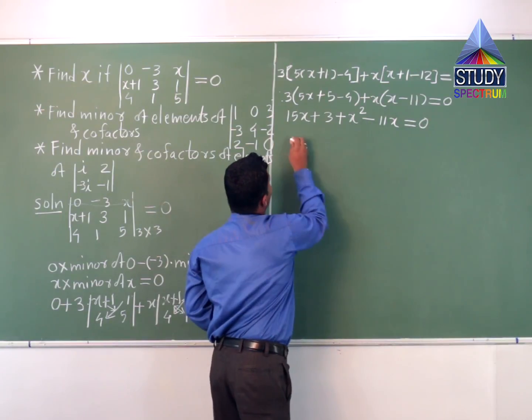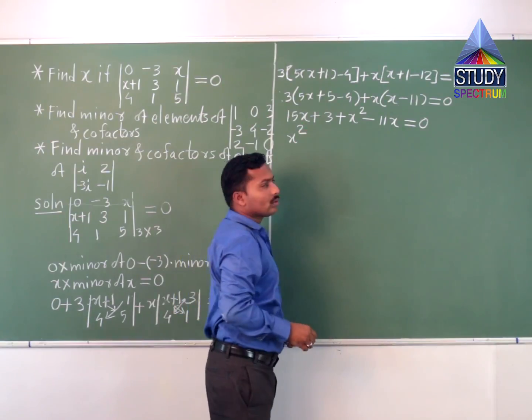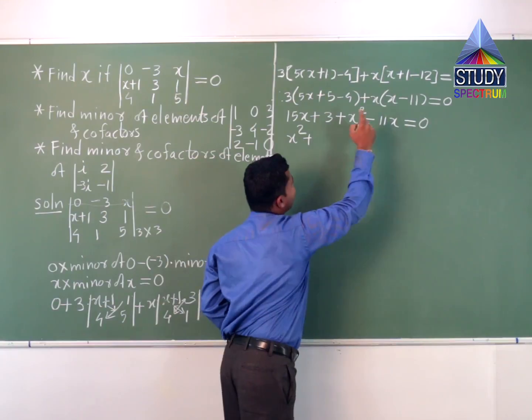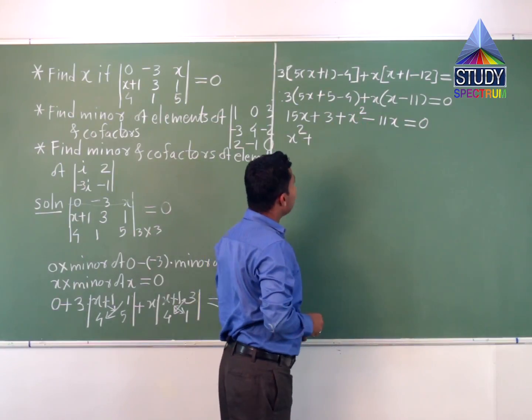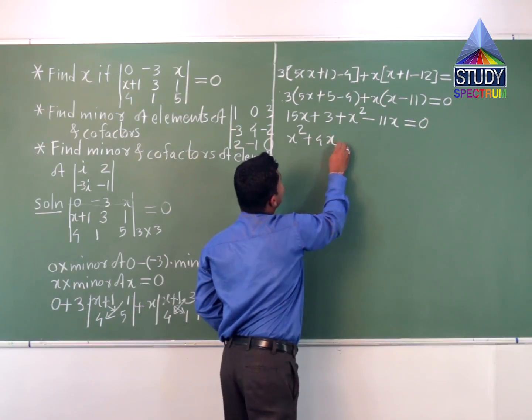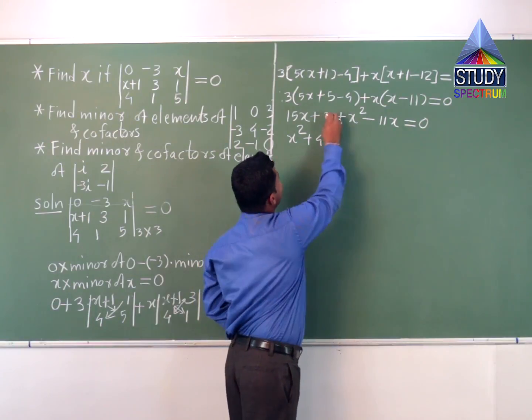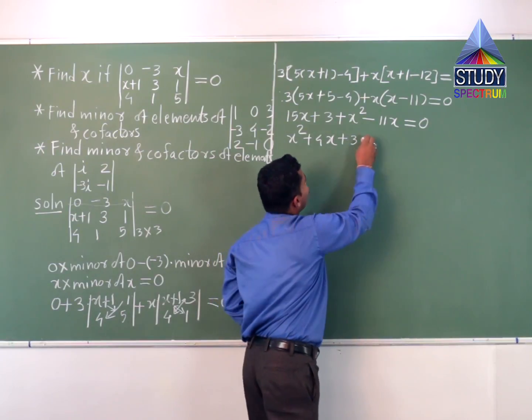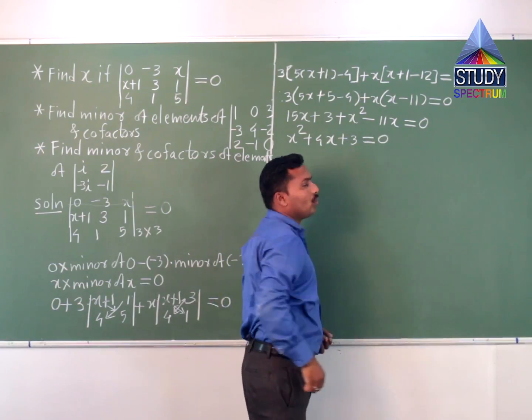Again here is x square as it is, plus this 15x minus 11x, 15x minus 11x means 4x, plus this 3 equal to 0.